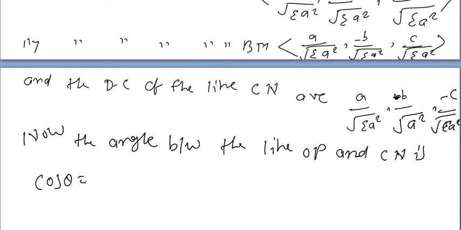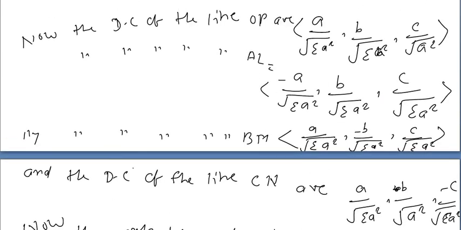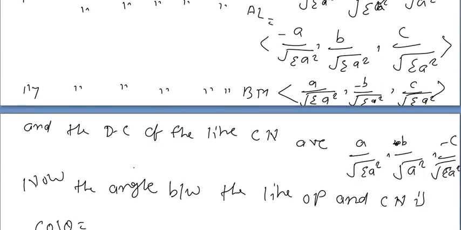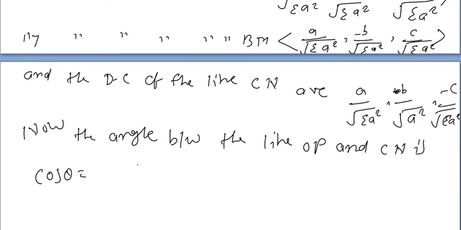Cos theta is the sum of the products of the direction cosines of these straight lines divided by the magnitudes, the square roots of the sum of squares of the direction cosines of these straight lines. So multiply: this is a, b, c and this is a, b, minus c.